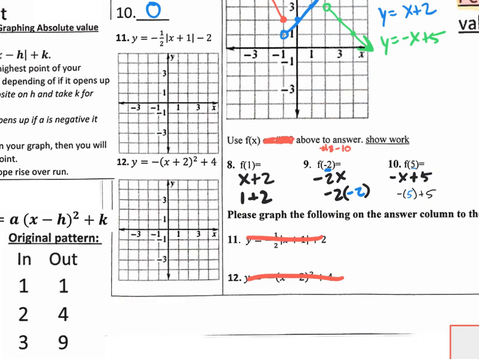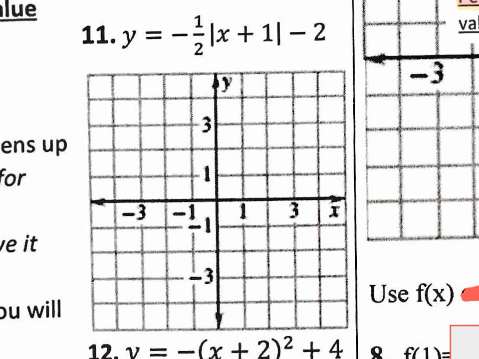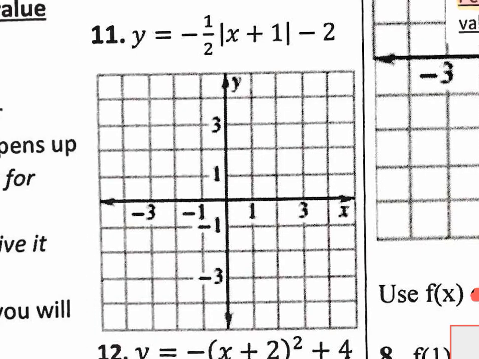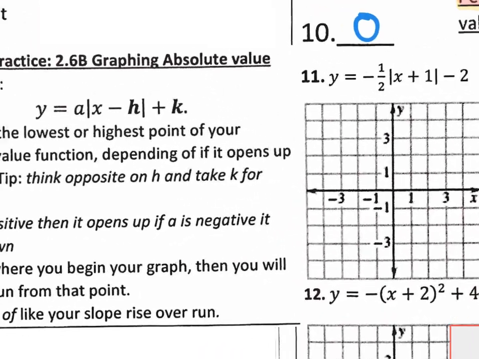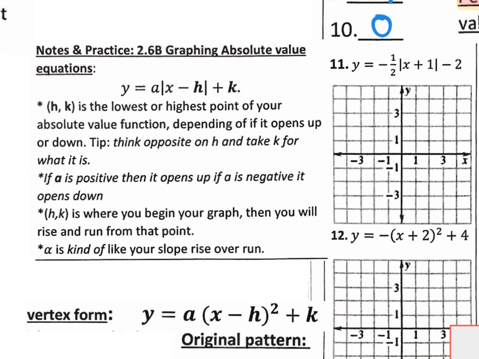Okay, so number 11, that is an absolute value function, and there was a certain form on absolute value functions that we memorized, where we have an h, a k, and an a, and it's very similar to vertex form. And in case you forgot, I cut and paste straight from our notes on section 2.6. Here it is. Y equals a, absolute value of x minus h, plus k.